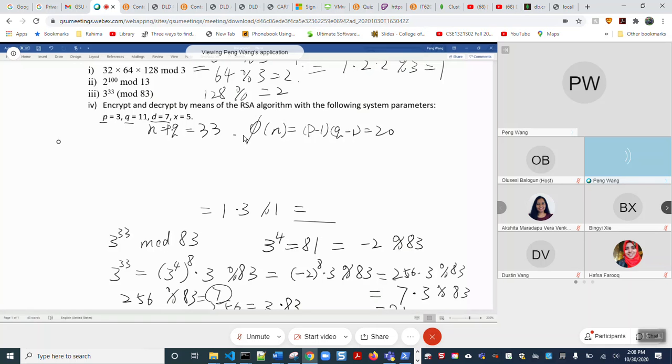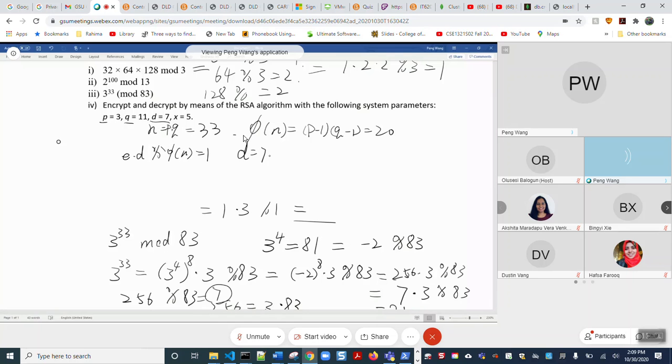So to encrypt it, we need to calculate E. Here we need E times D mod phi N to equal 1. Here D equals 7.